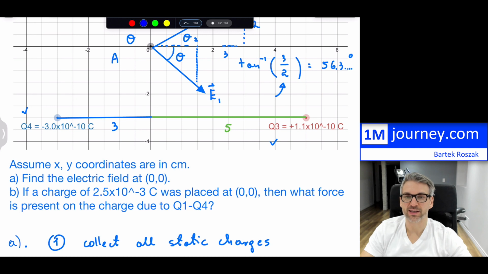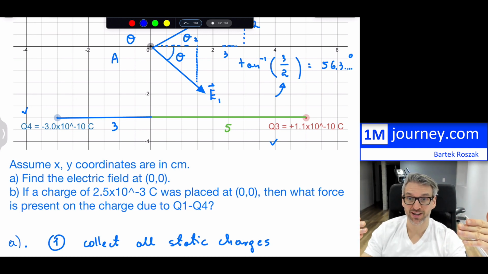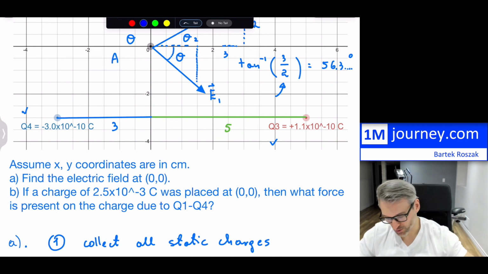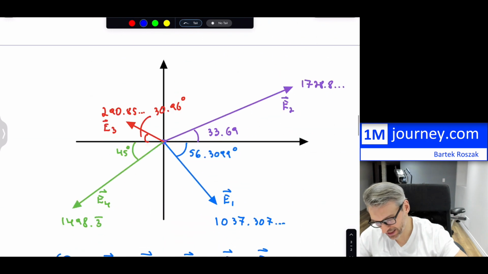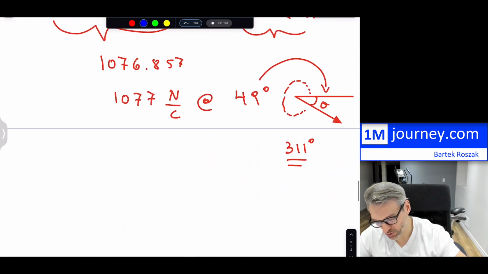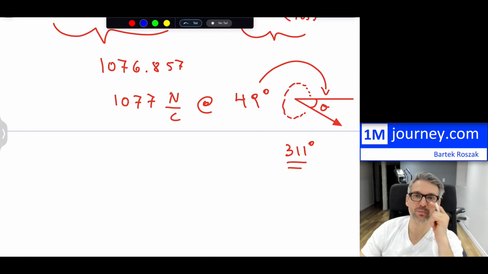Once you know the charge that you're placing and you know the electric field, you just multiply the two. So you can take this and multiply it by the electric field at that point. That's the beauty once you know the electric field. You're just going to multiply the two magnitudes together. The angle will not change.